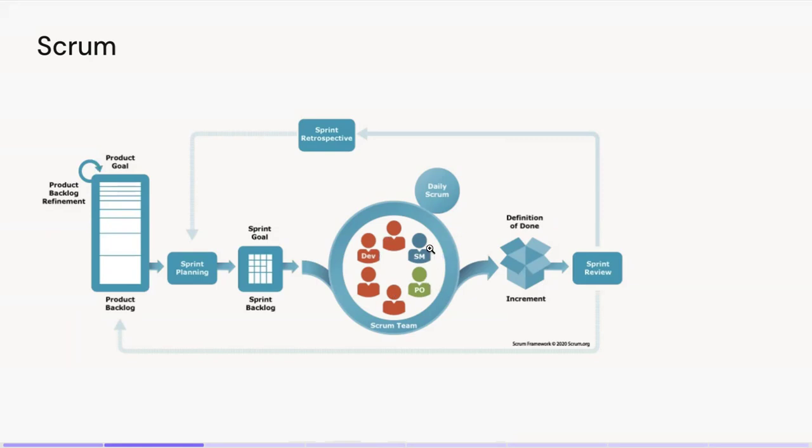We basically have a PO, a Scrum Master, and Developers. Developers are basically everyone that develops the work. So that includes testers, designers, business analysts, anybody who's necessary to deliver a product is called a developer within the Scrum framework. And the key concept that I want to focus on for this session is the idea of a cross-functional team.